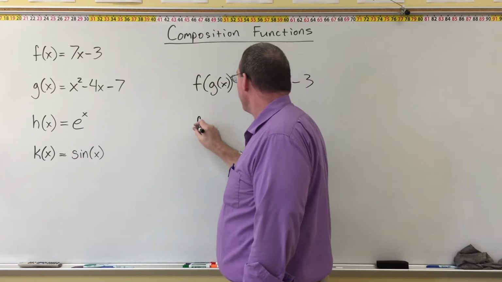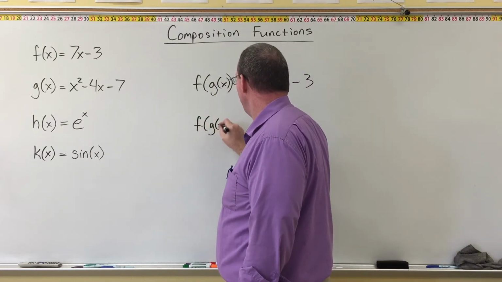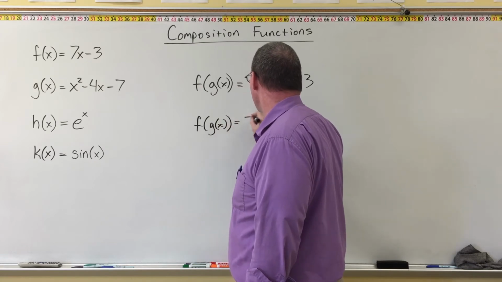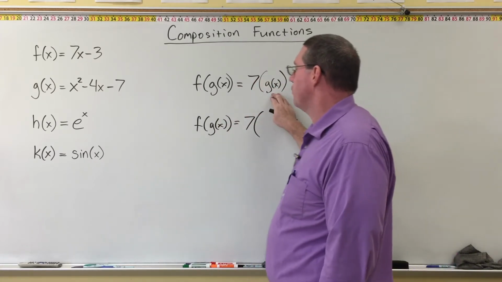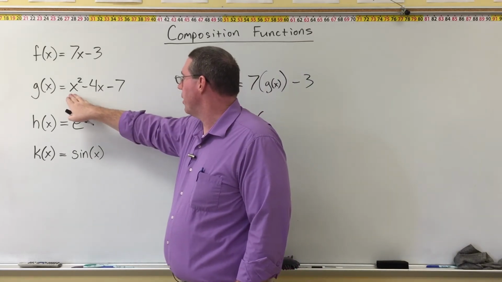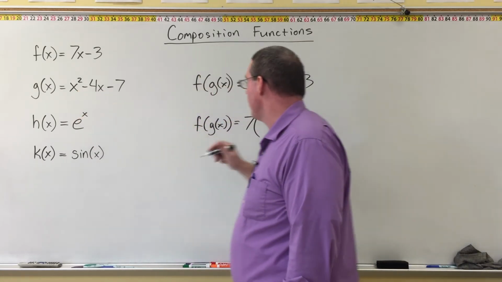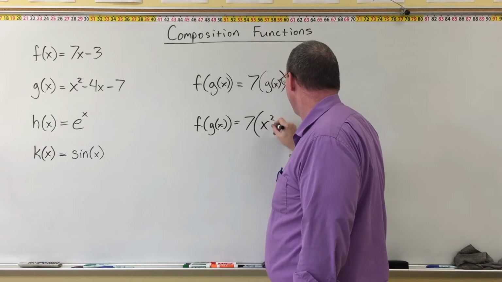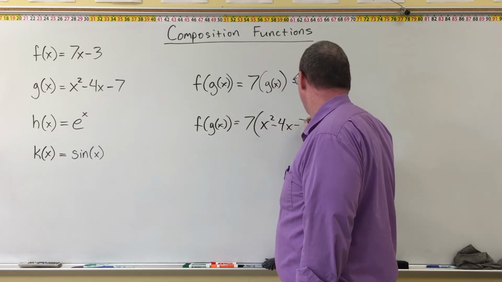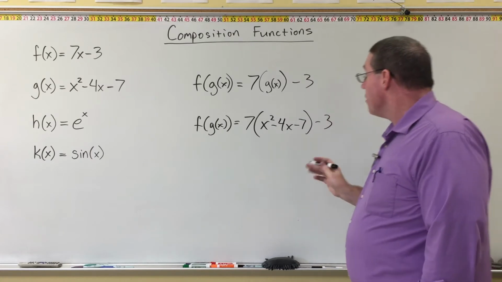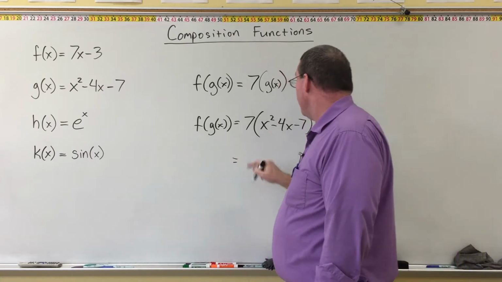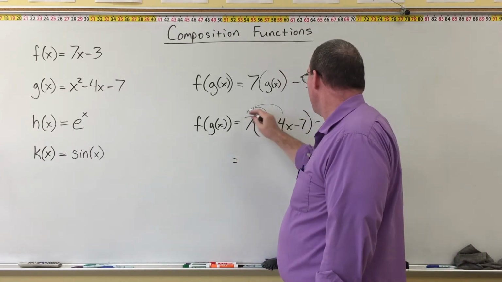Now, when we rewrite it, f of g of x is equal to 7, then a parenthesis. Then we're going to put in the whole g of x function, which is x squared minus 4x minus 7. There we go. And then we're going to put a minus 3. Now, this can actually be expanded because we can distribute the 7, right?